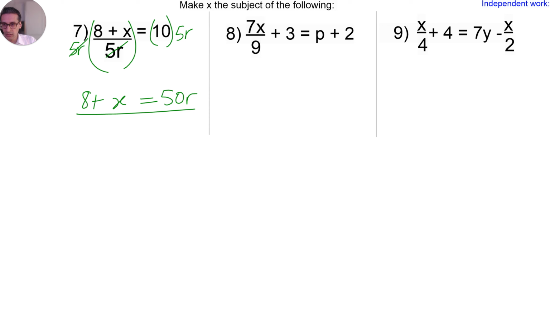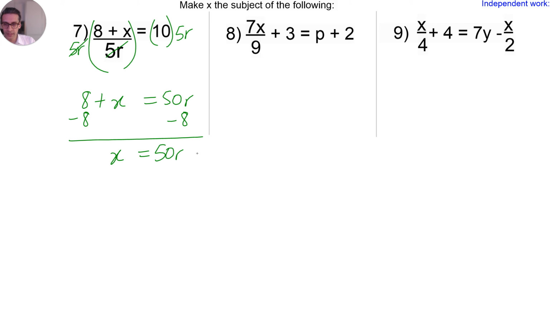So 8 plus x equals 50r. So now I'm going to take away 8, so that's a 0 pair, x equals 50r minus 8. That's your final answer.